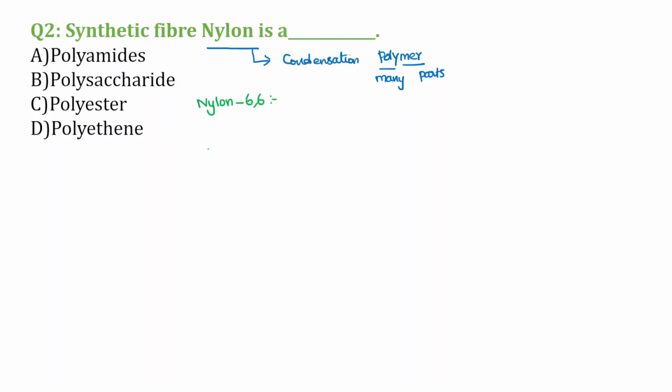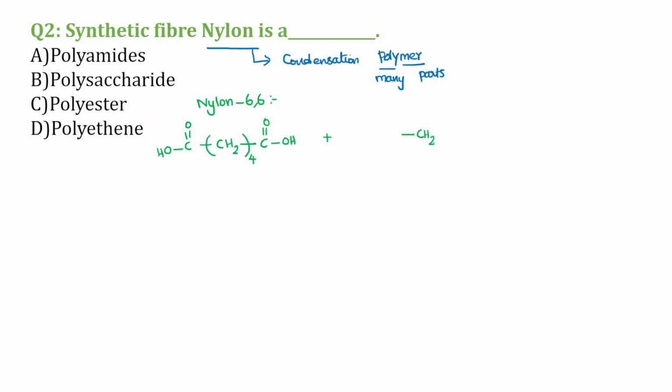This nylon 6,6 is prepared using adipic acid. Adipic acid can be represented as HOOC, CH2 4 times, COOH. Since it is a carboxylic acid, the COOH functional group will be present. And this is going to in turn react with hexamethylene diamine.